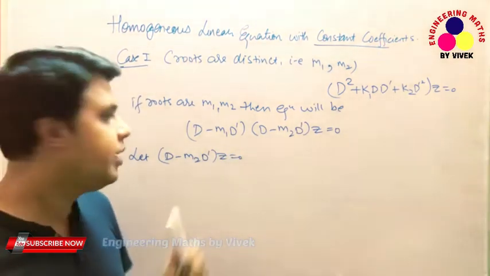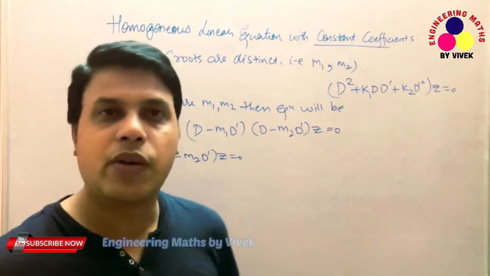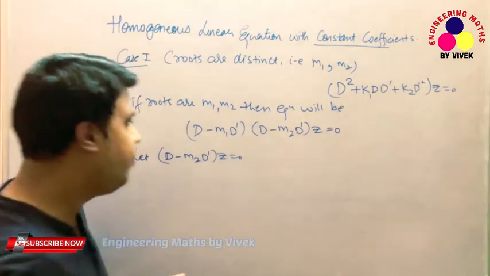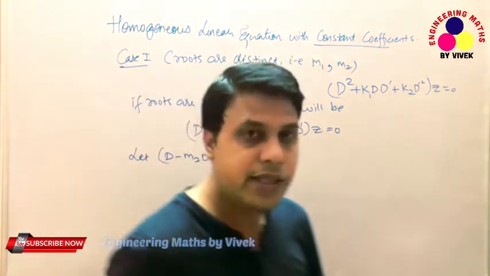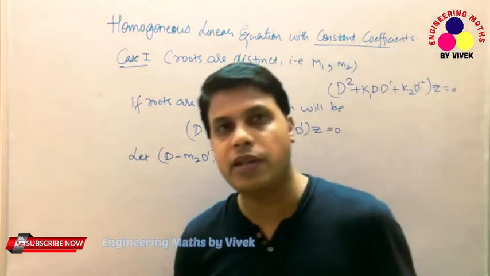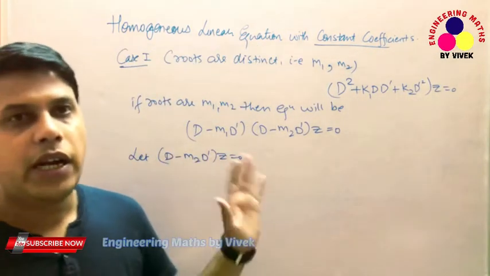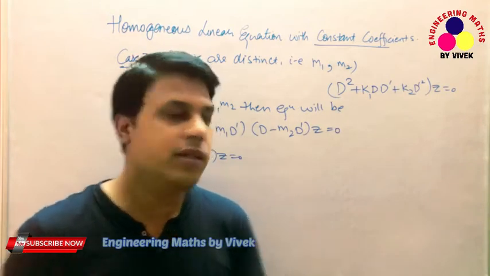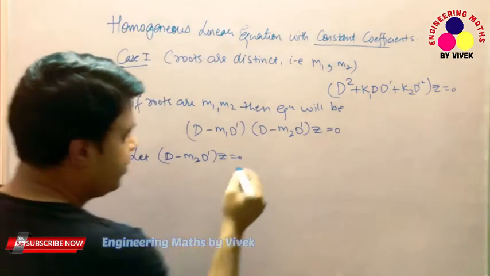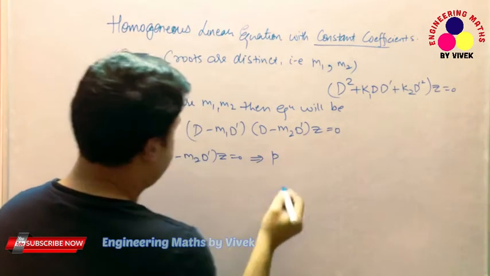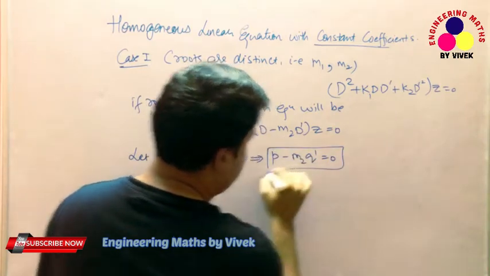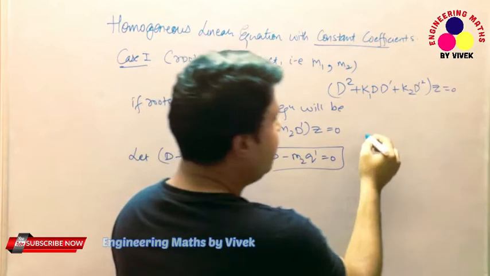So let us consider (D minus m2 D prime) z equals to 0. What will be the solution of this? If we closely look at this equation, it is the standard form of Lagrange's equation. You can clearly see it, and if we compare the coefficients, we are going to get capital P, capital Q and capital R. Because I told you P equals what?